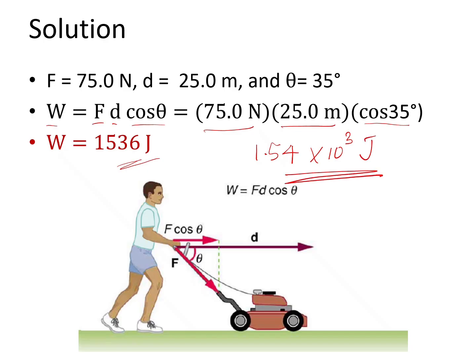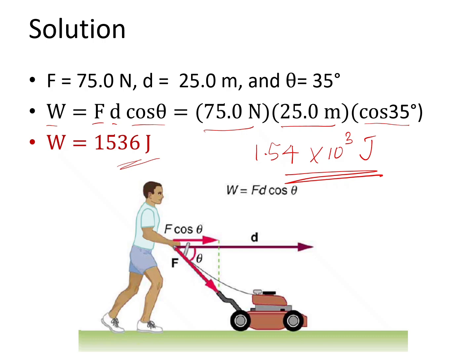Now let us interpret this answer physically. The person applies a 75 newton force, but not all of that force contributes to the horizontal motion. Only the forward component F cosine theta does work as the mower moves horizontally.